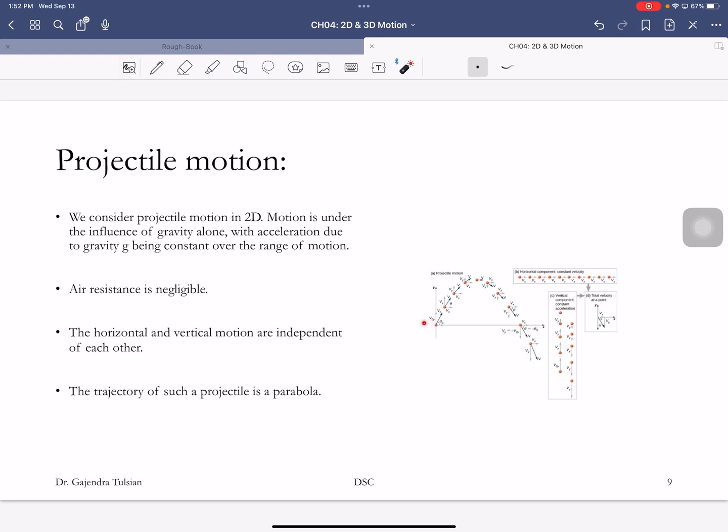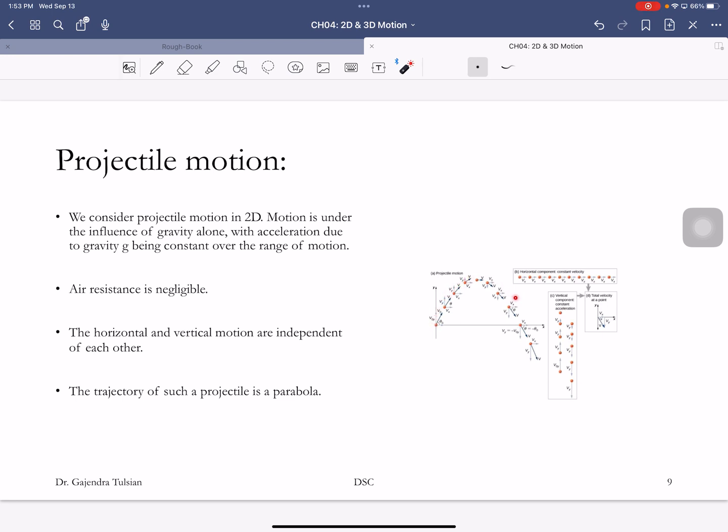So for instance, if you shoot a cannon that can go 40 miles up in the air, that won't be a parabolic trajectory. If a rocket is propelling it, then it won't be a parabolic trajectory. Only gravity needs to act on it. Okay? Gravity needs to be the only force.